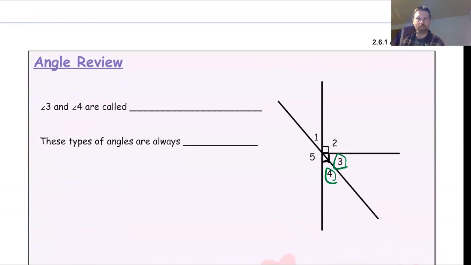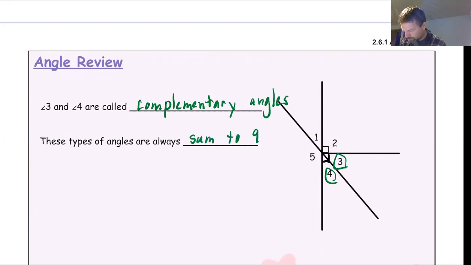So those 2 angles together add up to 90 degrees. When that happens, they're given a special name. They're called complementary. Complementary angles always sum to 90 degrees. So anytime you have 2 angles that add up to 90, they're complementary.